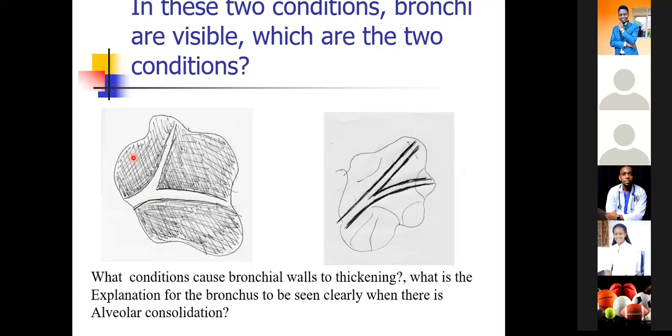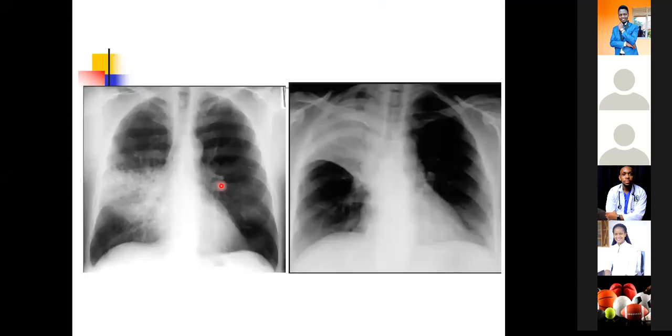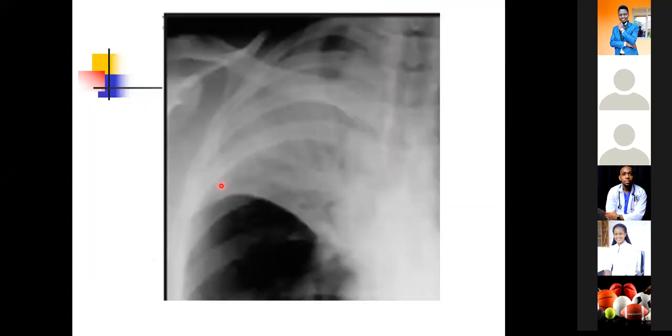So let's get back to the other image. We are saying the alveolar spaces are all filled up with, for example, some fluid, and it is gray. And within the same area, the bronchi and the bronchioles still have air in them. So air casts a black shadow, and we can still see it as dark as we're seeing there.